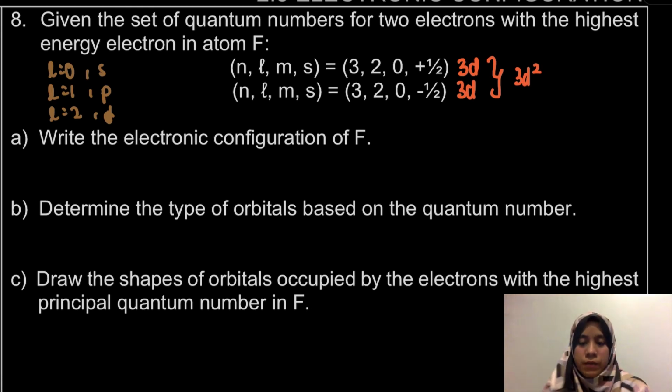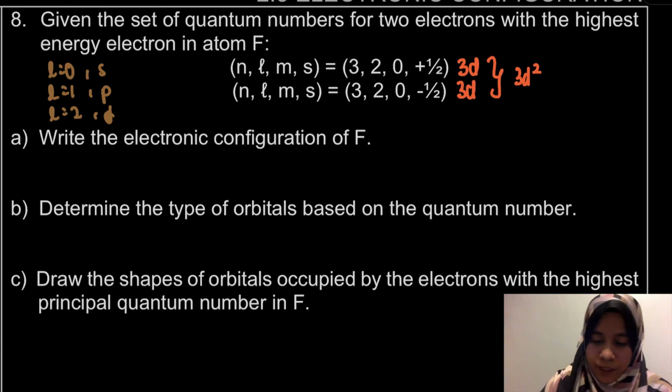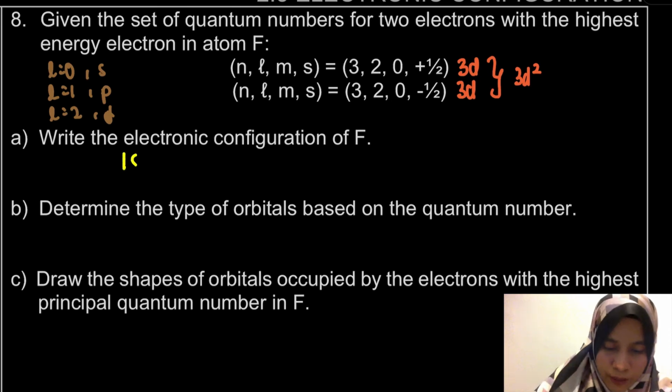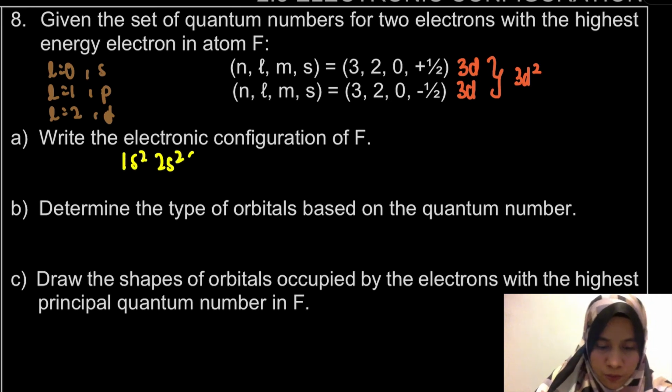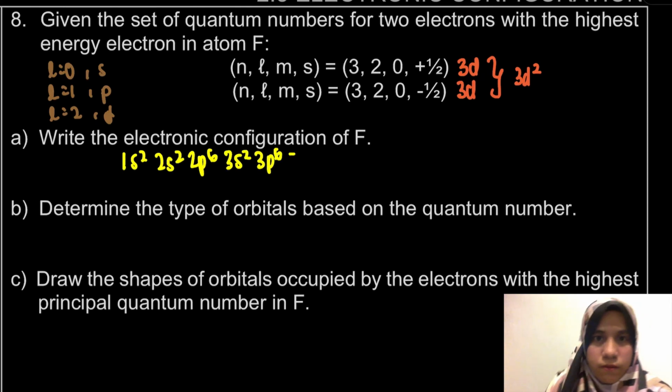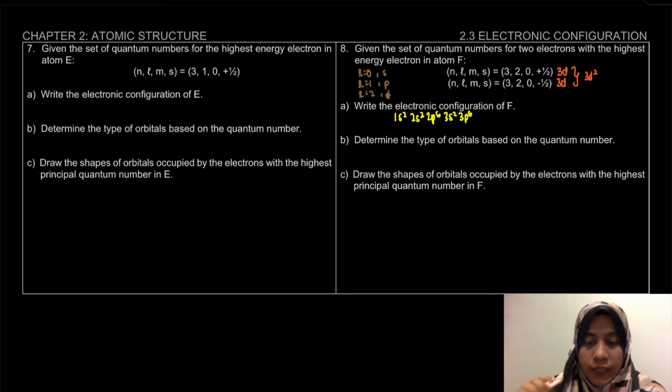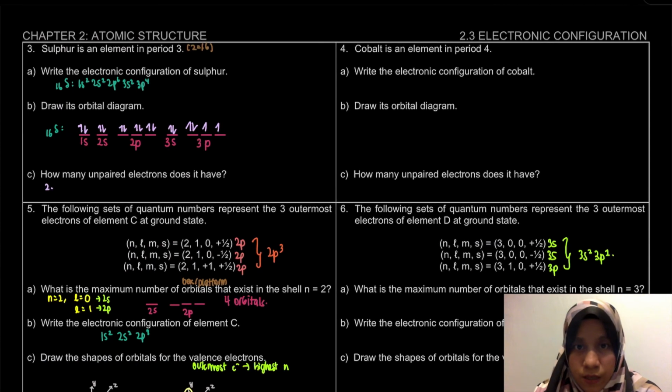Okay, so write the electronic configuration of F. Before we fill 3D, what do we have to fill first? 1s2, 2s2, 2p6, 3s2, 3p6, 3... Why? Based on this, it's actually our transition element.